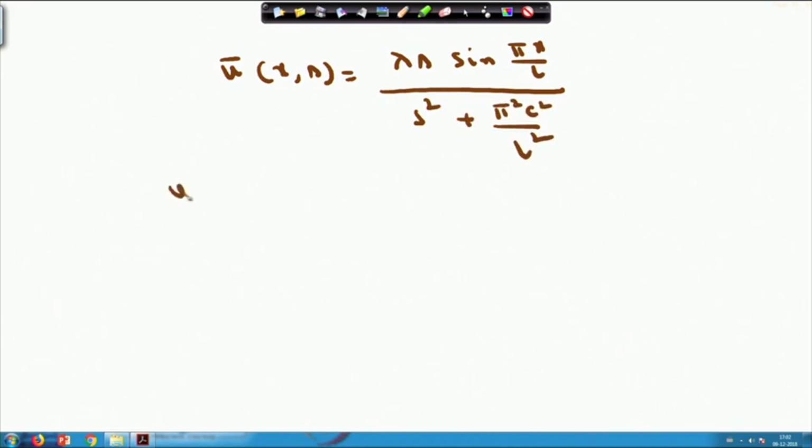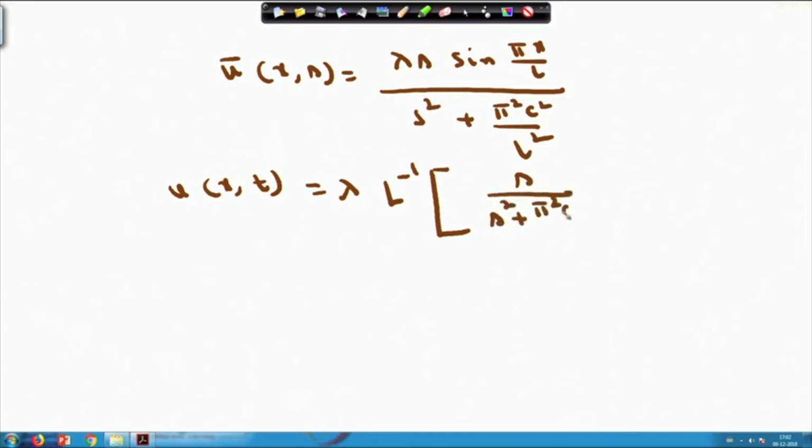So that your u(x, t) equals lambda into Laplace inverse of s by (s square plus pi square c square by L square), into sin(pi x by L), which I can keep outside because this is independent of s.